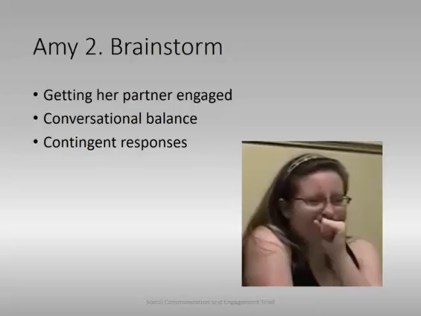So looking at the MetaMap, or actually you can also look at the quick reference sheet that you downloaded, we brainstormed some things thinking about what would really move Amy forward. And we felt like that was getting her partner engaged, really having more of a balance in the conversation where her responses were contingent on what her communication partner said.